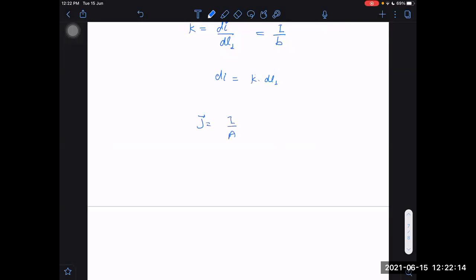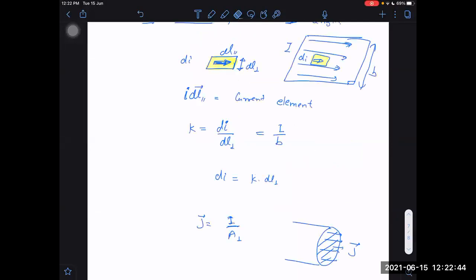For example, if current is flowing through a cylindrical pipe, then current per unit area will be J. In this also, which area do we take? We take the perpendicular area. It cannot be any area. Current per unit perpendicular area is equal to J.